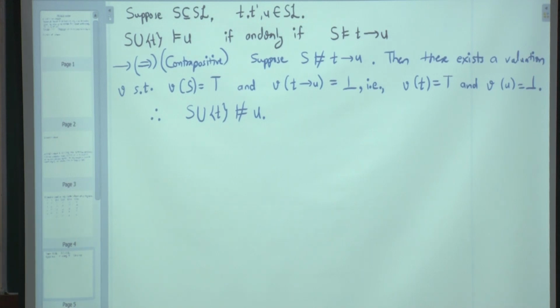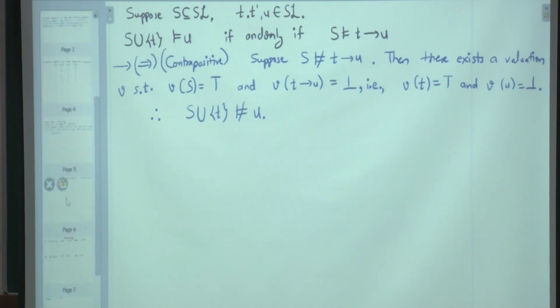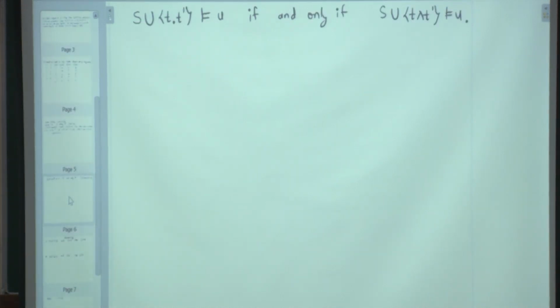And I lied when I said let's do only one side. This is if and only if. Done? So this part is really easy. Okay, let's go to the next one. Same thing here. Can you do this please? There is nothing hard over here.